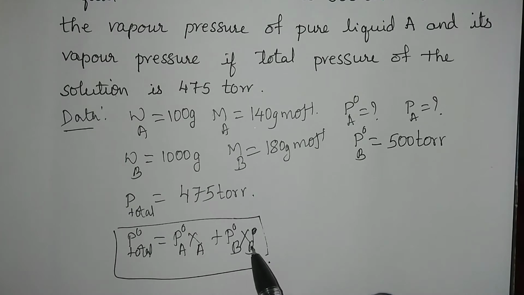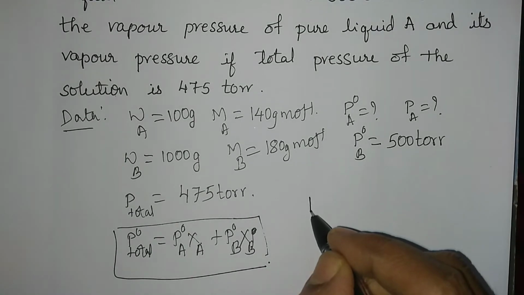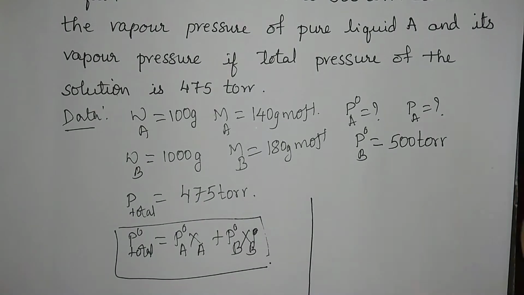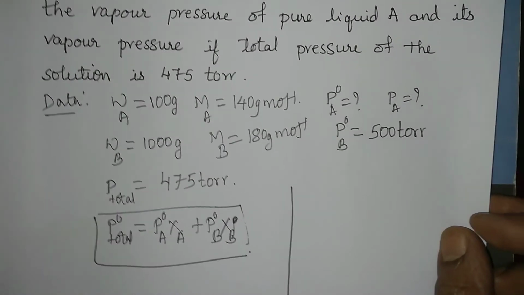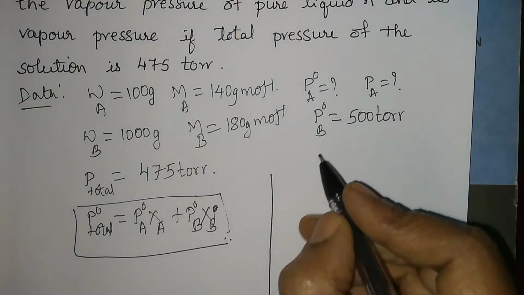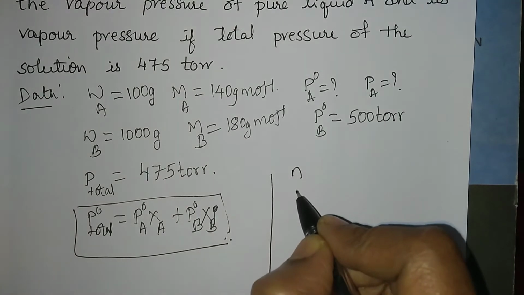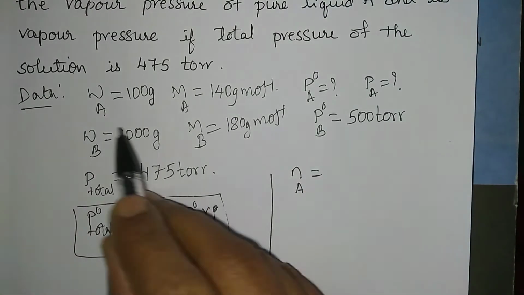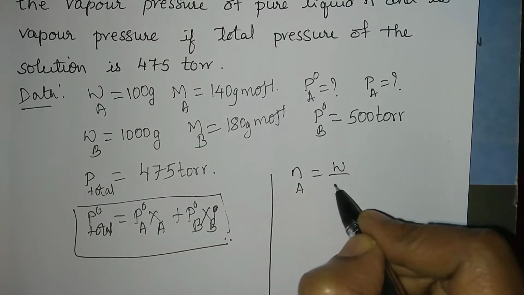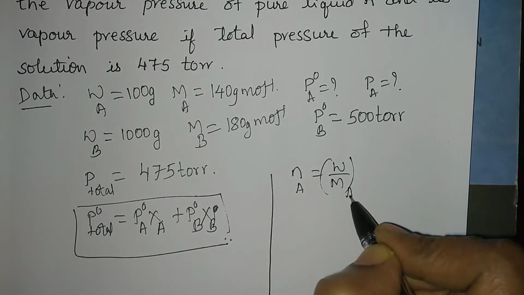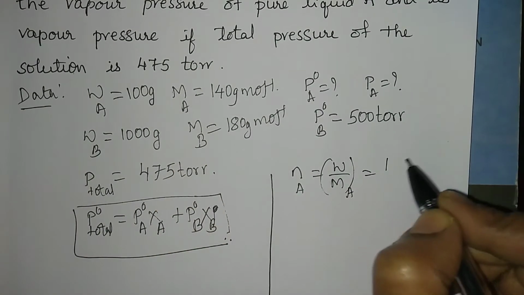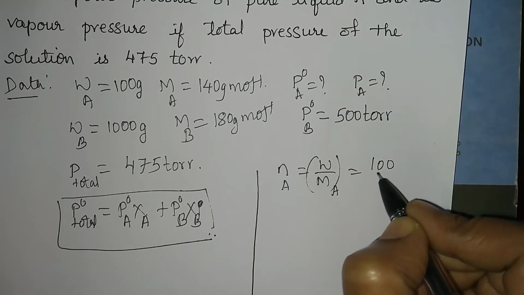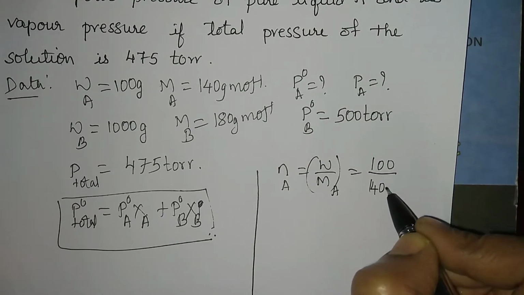Here XA and XB are not given. So first let us calculate XA and XB. In order to calculate XA or XB, we need to know the number of moles. Number of moles of A is equal to mass divided by molar mass of A. So mass they have given is 100 gram divided by 140 gram per mole.